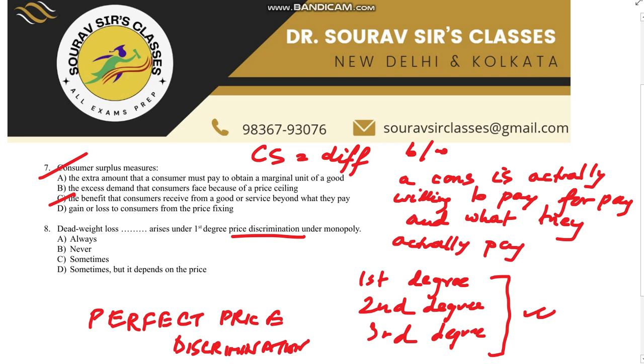So the monopolist captures all the surplus, but total welfare is maximized. That means no deadweight loss, because there is no loss in total output. So deadweight loss does not arise under first degree price discrimination.